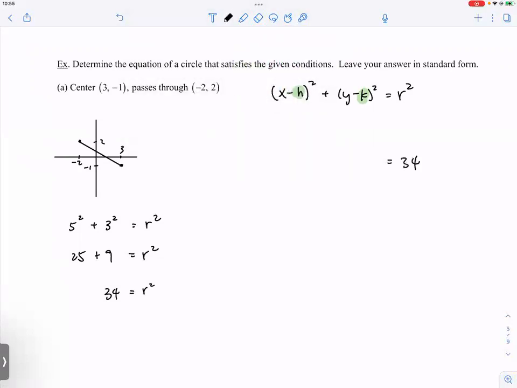So just don't square root it. Just keep it as 34 and put it there. And we're done. So insert the x and y values in there and make sure you do not forget about the square. Make sure you do not forget the addition between the two parentheses.